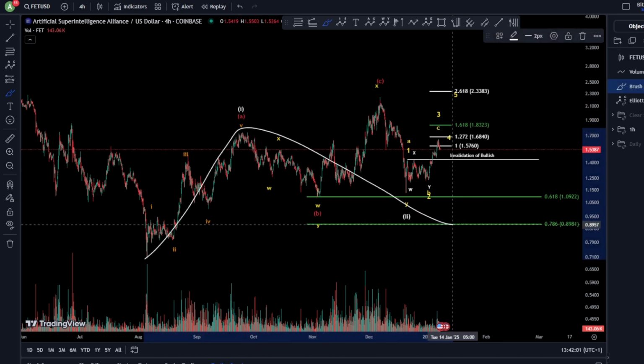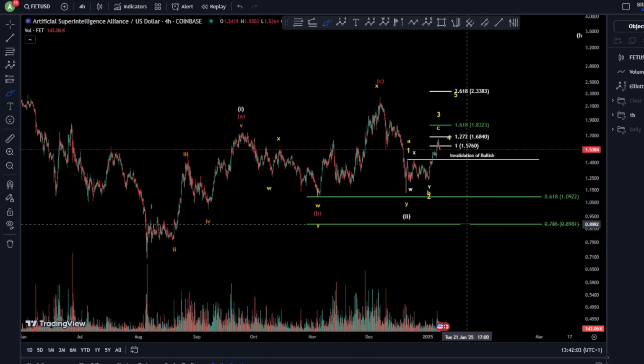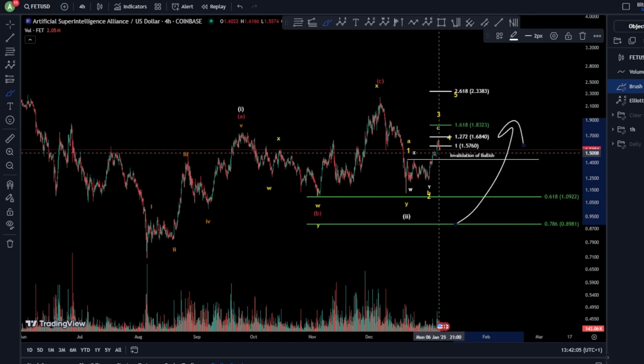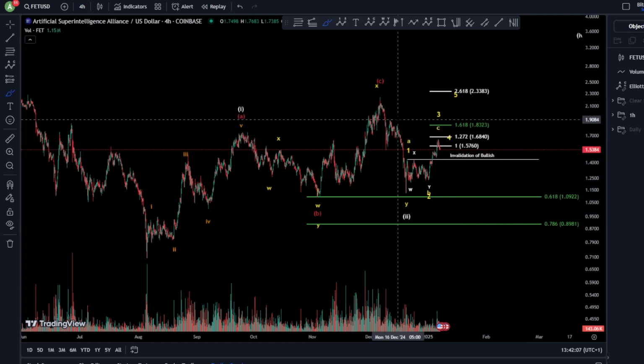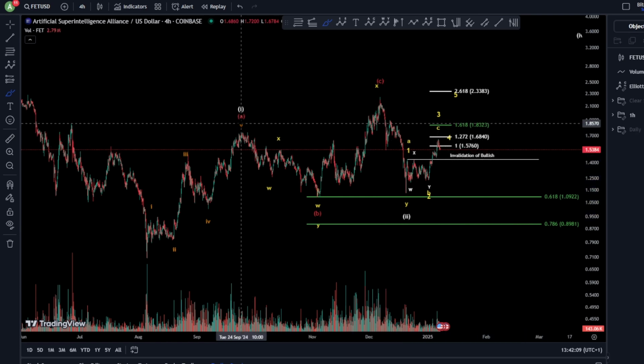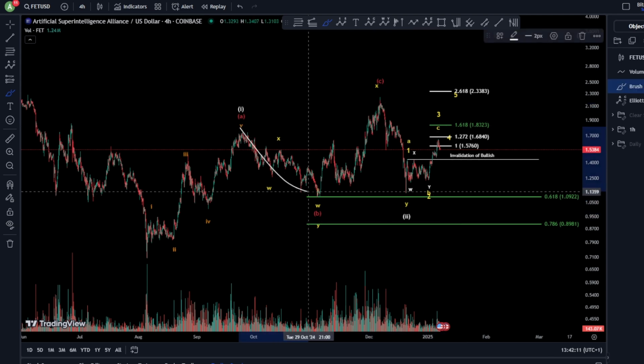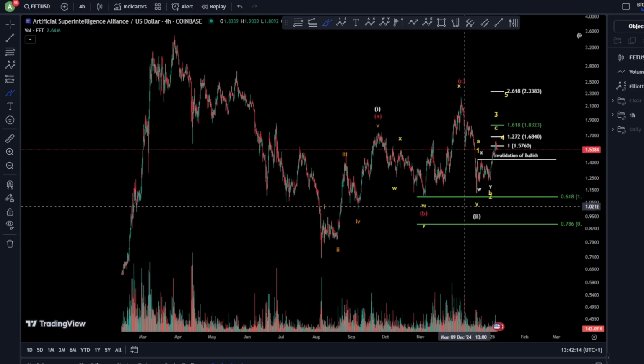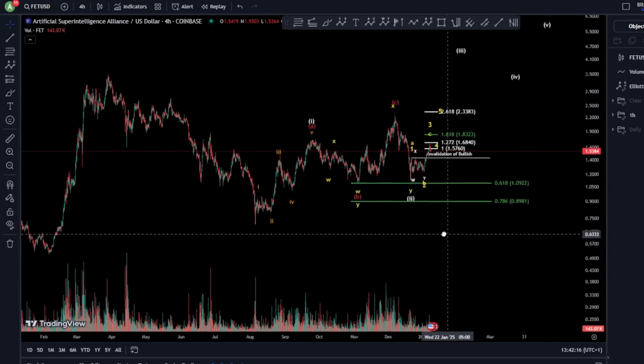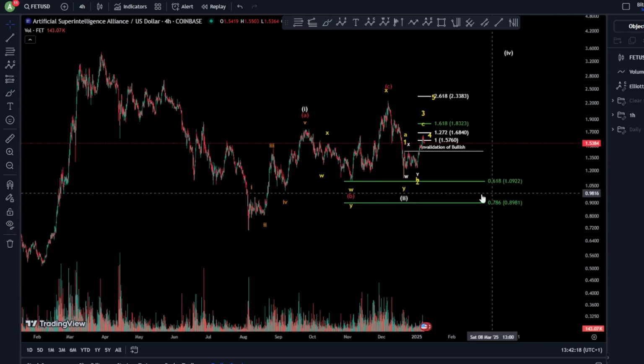That means 1, 2, 3, 4, 5, meaning we might still be looking for higher, but the correction might still not be finished yet as A, B, and a C, or W, X, and Y. So these are the insights right now for FET, lower prices as well.